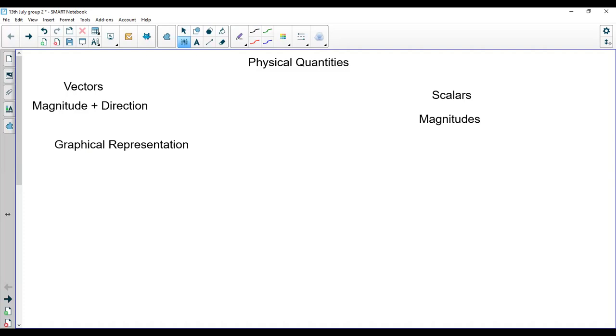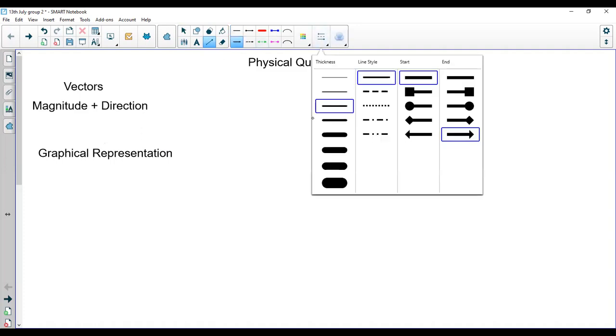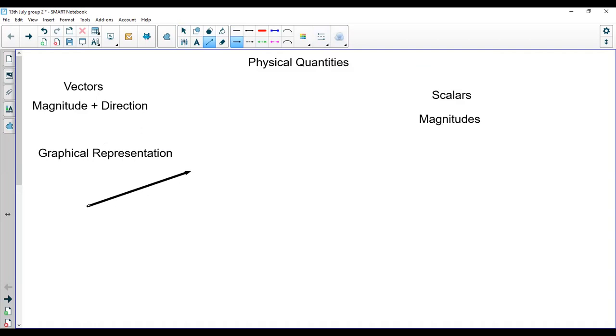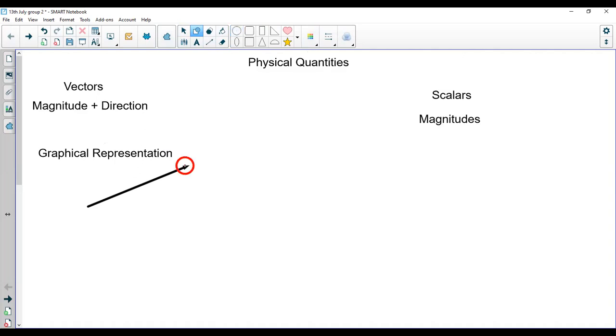Do you know what we use to represent a vector graphically? Any idea? We can use arrows to show vectors. That's very good. An arrow has two parts: the length of the arrow and the head of the arrow. The length of the arrow represents the magnitude, whereas the head of the arrow represents the direction.